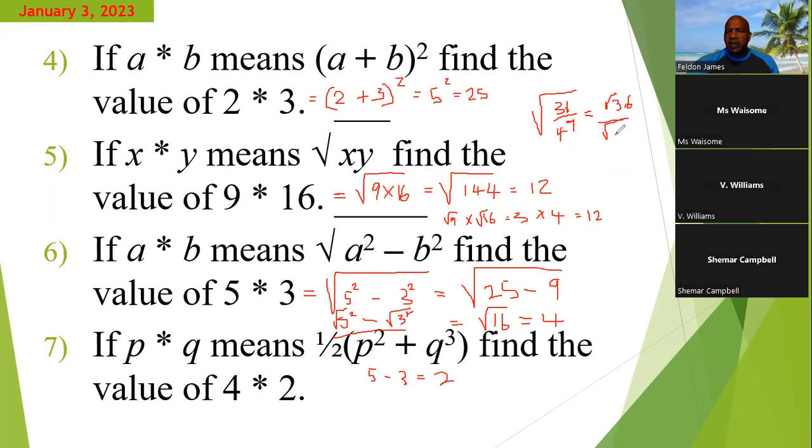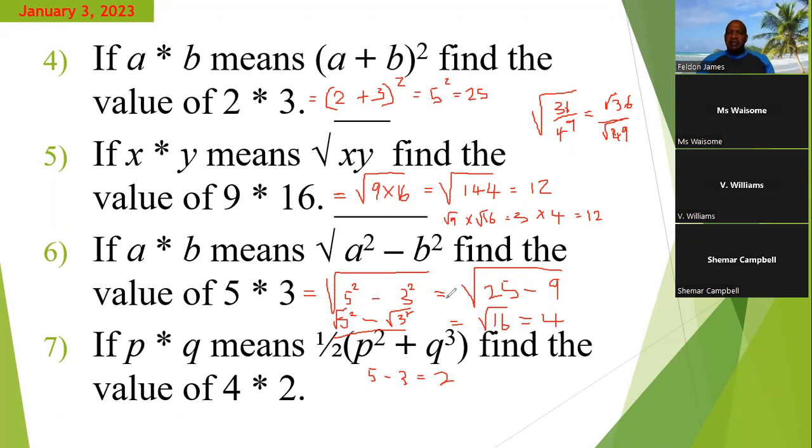So it is okay when we are using division and multiplication, but it is not compatible when we are doing addition and subtraction under the square root sign.